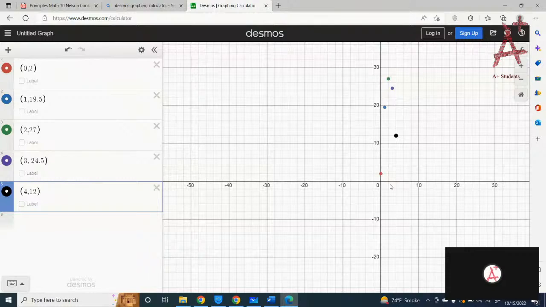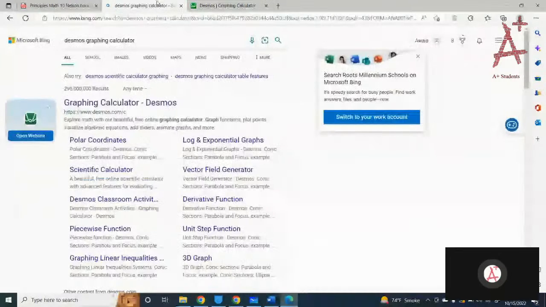You have to use quadratic regression to determine an equation. Let me see how to use quadratic regression.